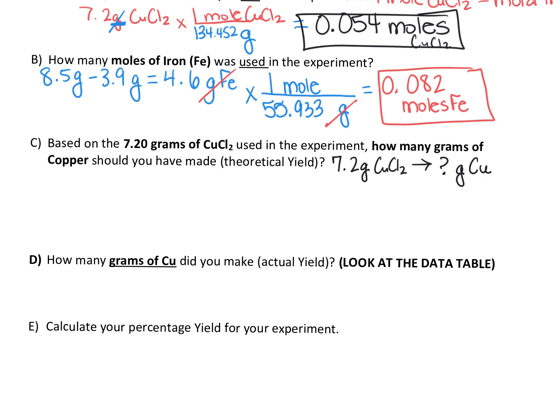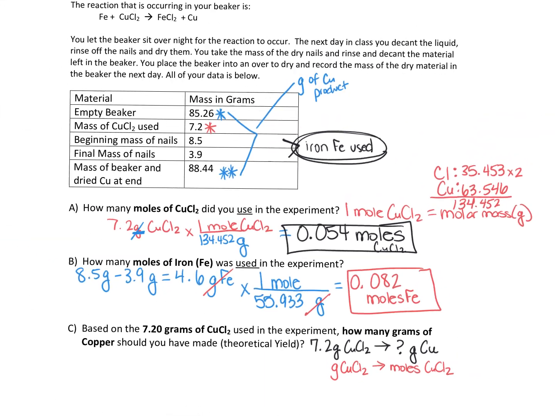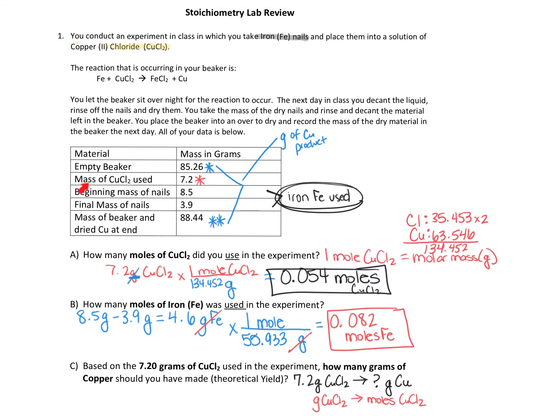The first relationship we need is to go from our grams of copper chloride to our moles of copper chloride. The reason is that in a balanced chemical reaction, the only relationship given to us is a mole-to-mole relationship.